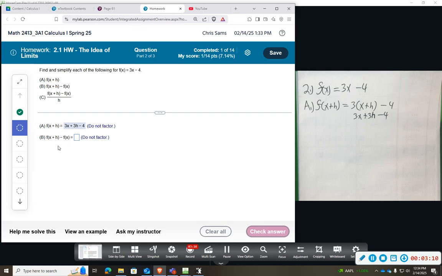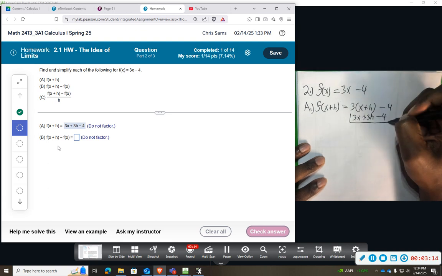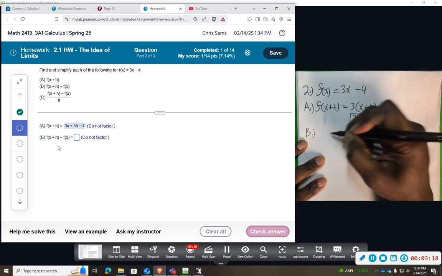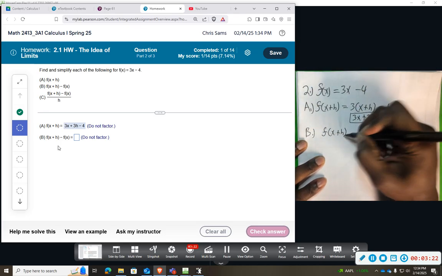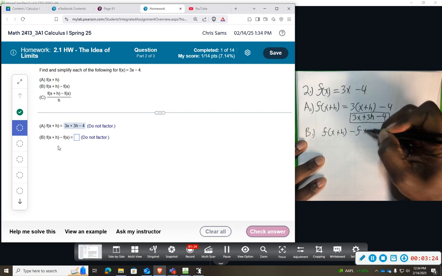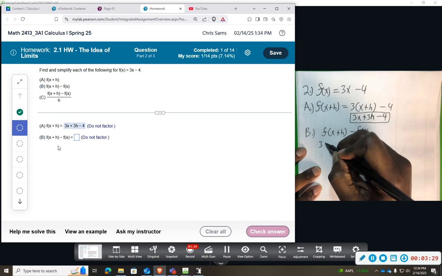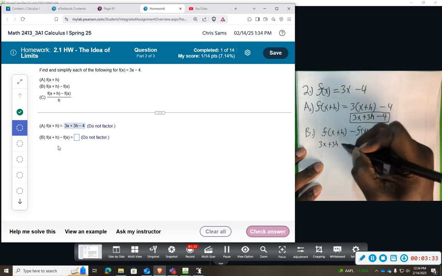All right, and then part 2, we're going to do f of x plus h minus f of x. We've previously done the f of x plus h part right here. So on part B, I'm going to write this part down. That's going to give us 3x plus 3h minus 4.